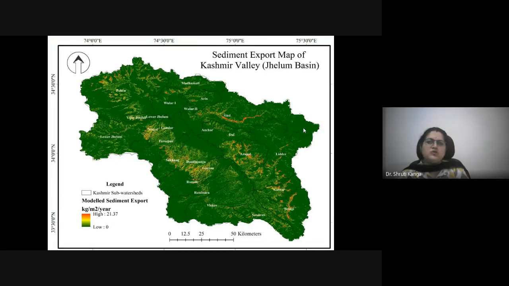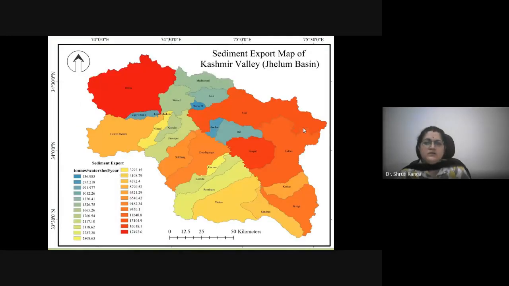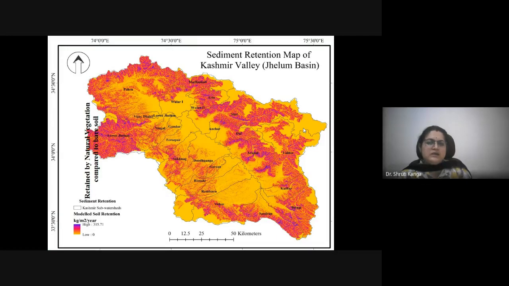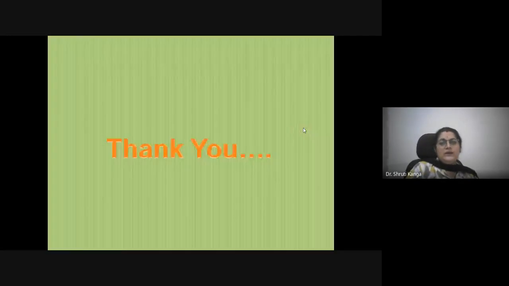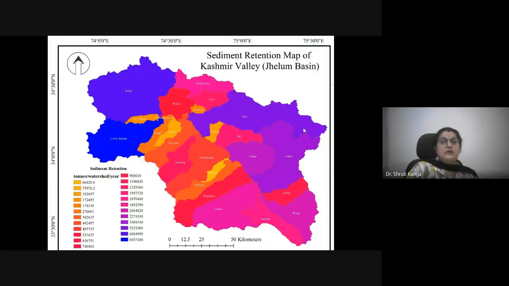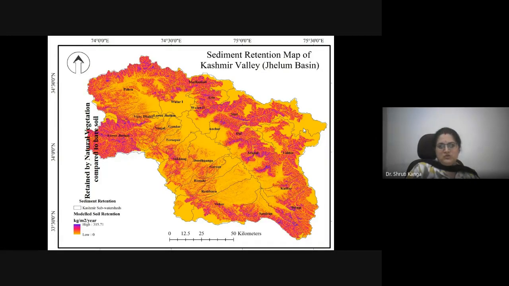Then the sediment export map and the sediment retention map. All these maps show the different kinds of erosion related to sediment, water retention, and other losses, calculated based on the base maps.